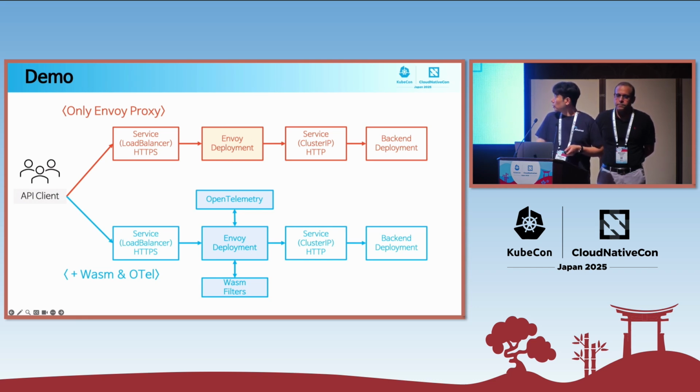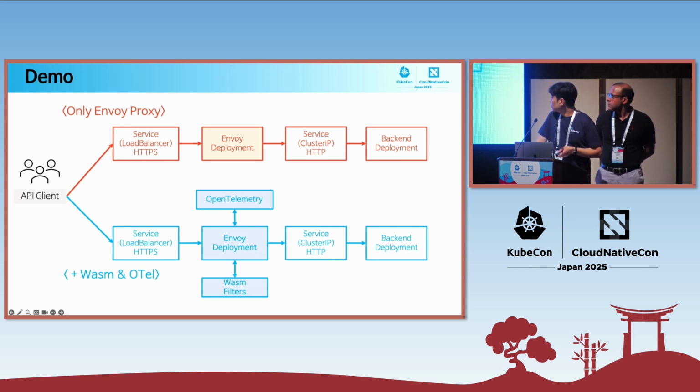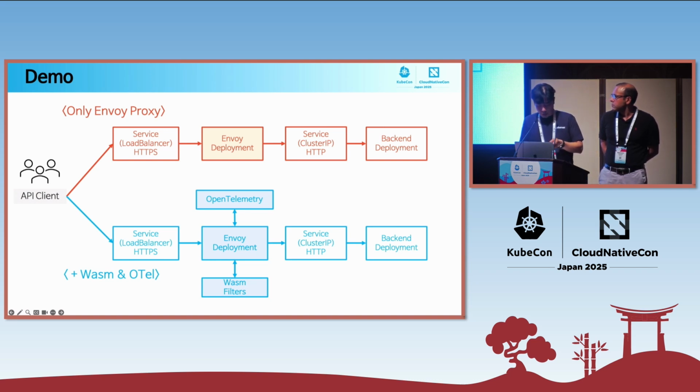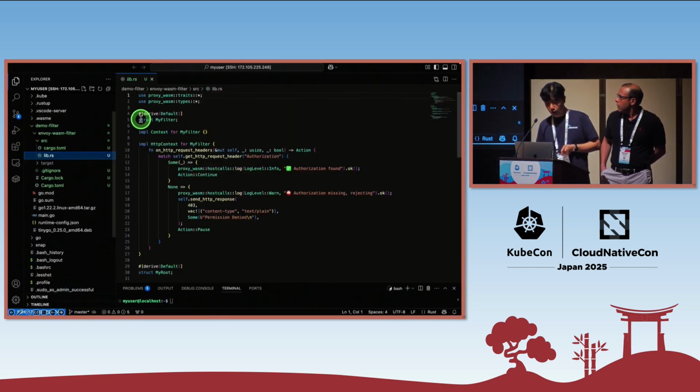And then after authentication, there is another internal service, the cluster IP type, which supports HTTP traffic, and then they access the API backend deployment. So this is a very straightforward demo environment. So moving to our video file.